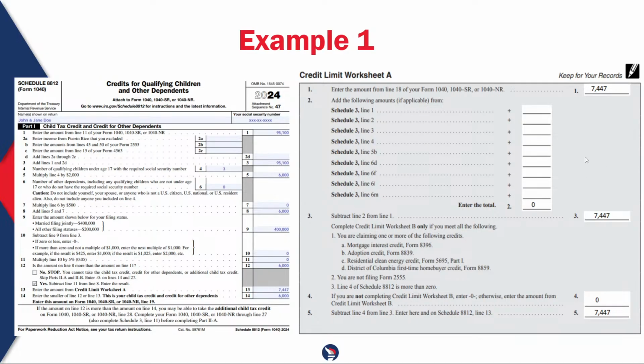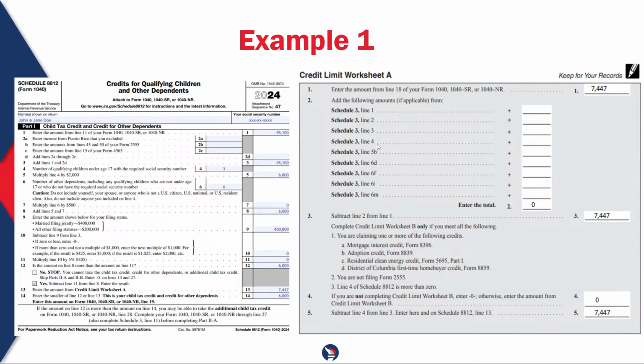One thing I want to point out here is on this credit limit worksheet, because it's not covered horribly well in the scope of the lecture. So I'm going to take the opportunity right here to explain it. We have a number of non-refundable credits.